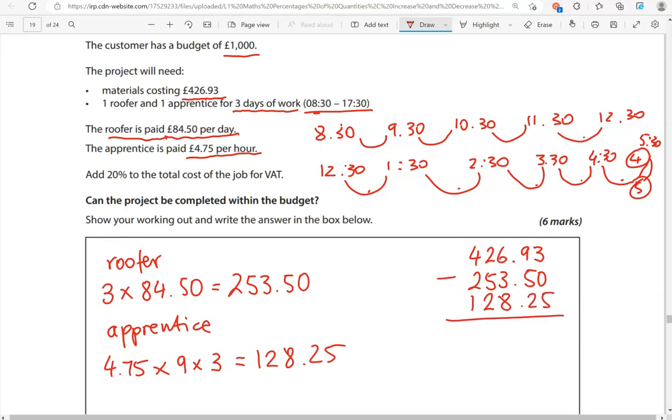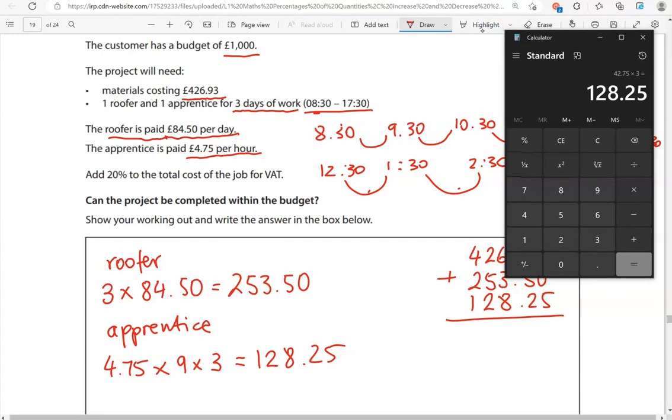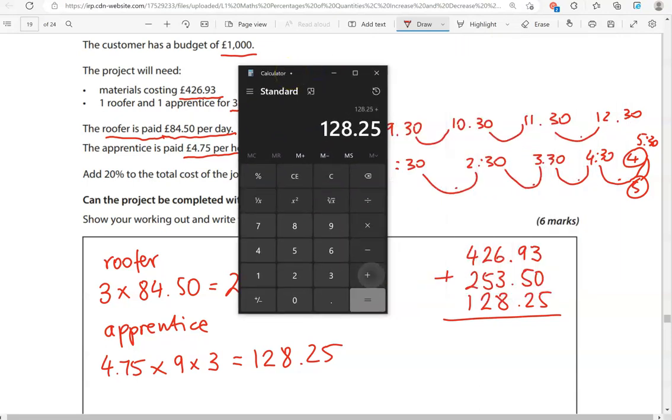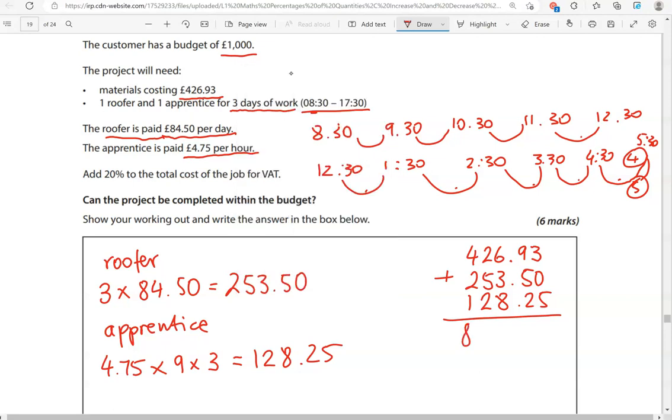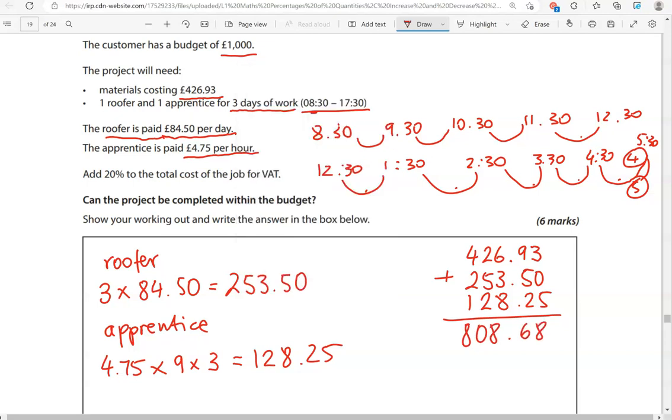So we work out the total so far. So adding £253 and 50 pence and £426 and 93 pence to £128 and 25 pence gives us £808 and 68 pence.